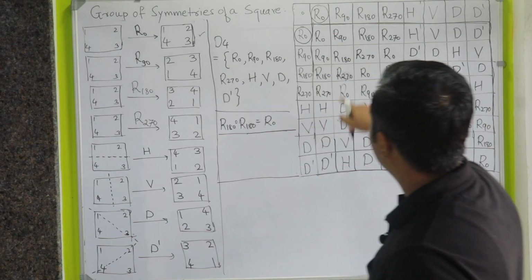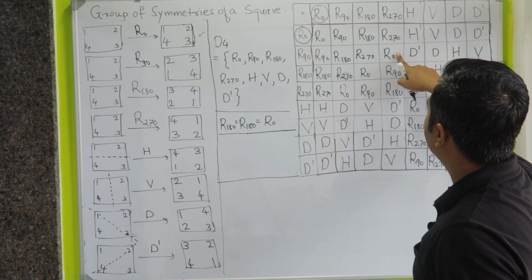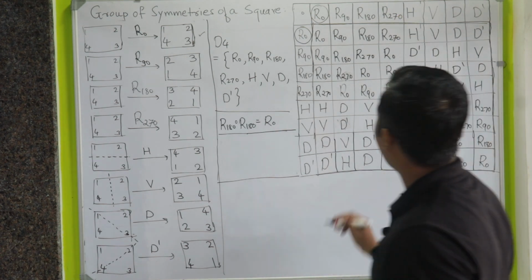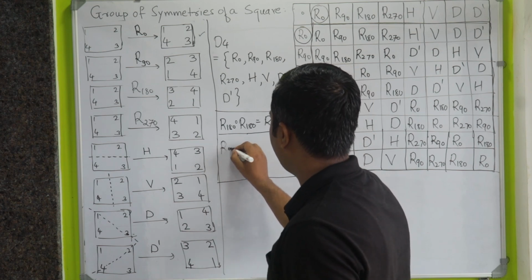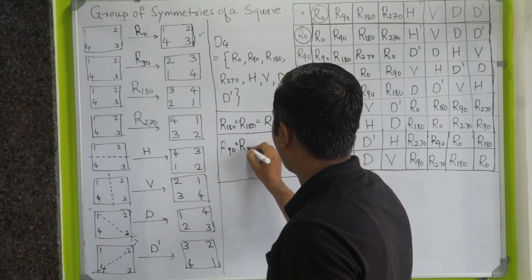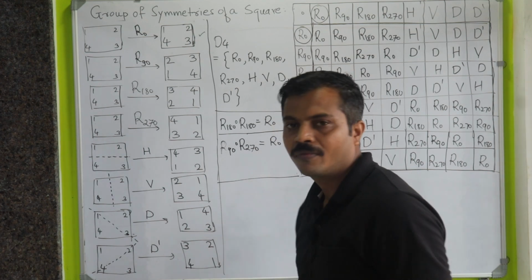So in the row of R90, we can see that R0 comes out to be here, see the corresponding element, that is R270. So what do we have? R90 composition R270 is actually R0.